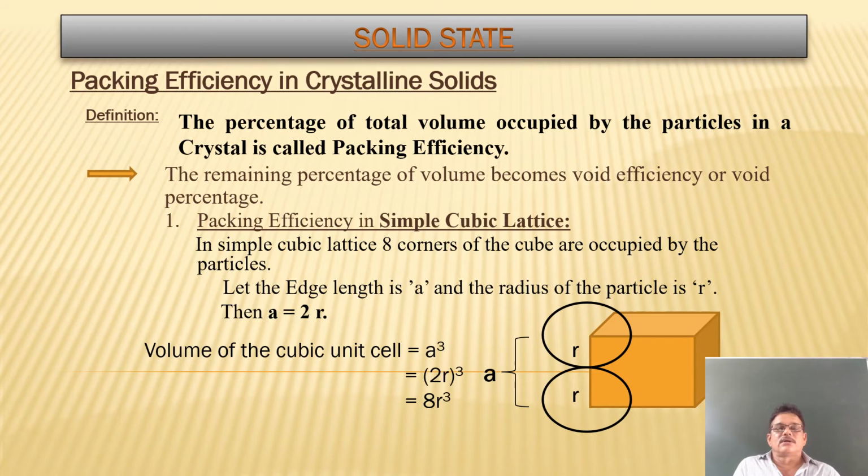So when a is equal to 2r, what will be the volume of the cubic unit cell? What is the formula of volume of cube? It is a cube, that is side cube. As a is equal to 2r, that becomes equal to (2r) whole cube, which is equal to 8r cube.